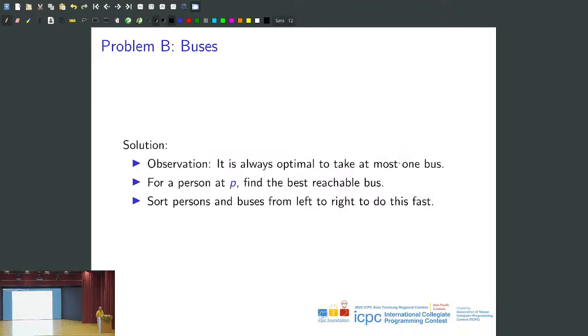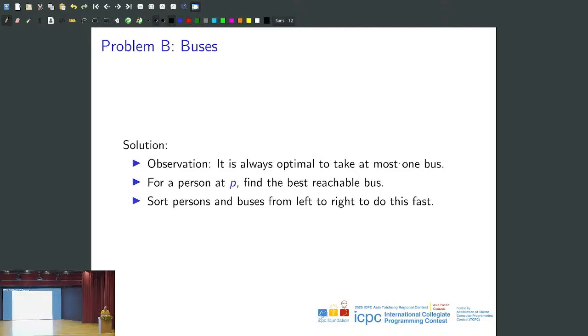But here in this task it's allowed, and actually I think it's kind of very counterintuitive. So the first observation here is that it cannot make sense to take two buses, to hop on one bus, drive a little bit, hop off, walk, and then just take another bus. This is contrary to my daily experience, of course, where in real life you often take multiple buses together.